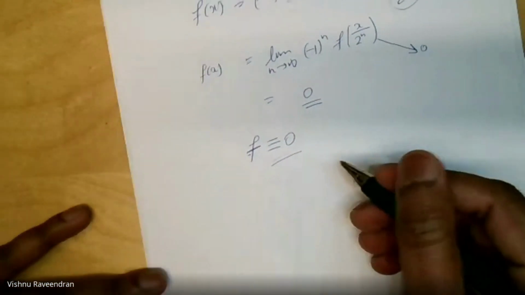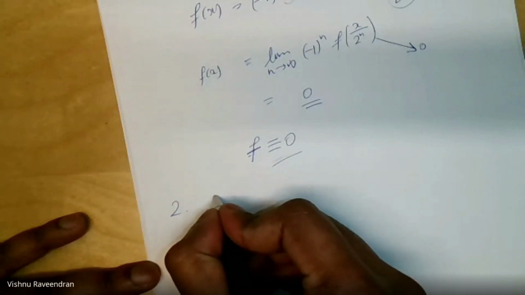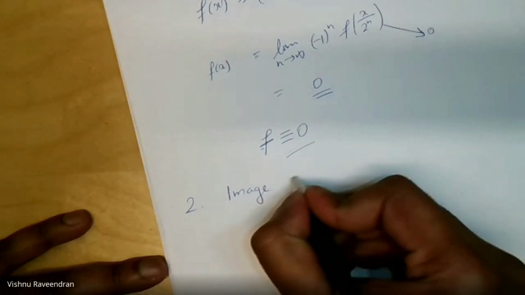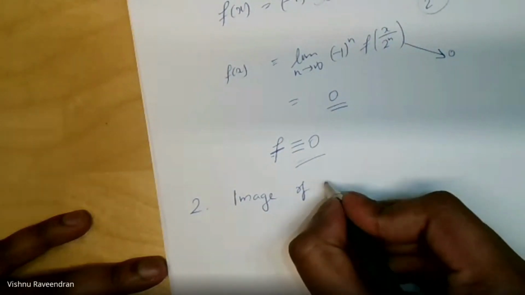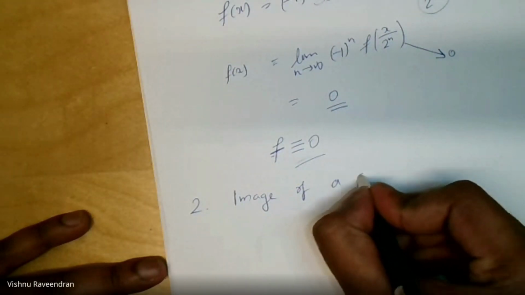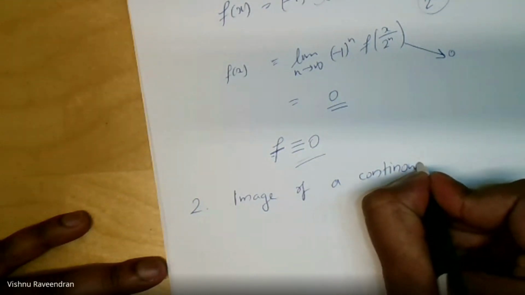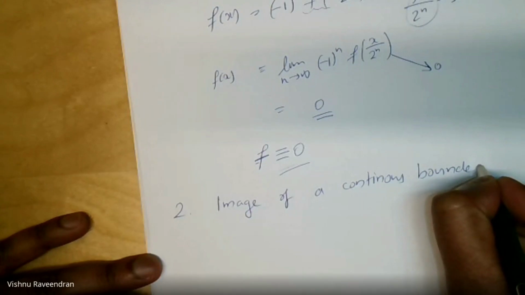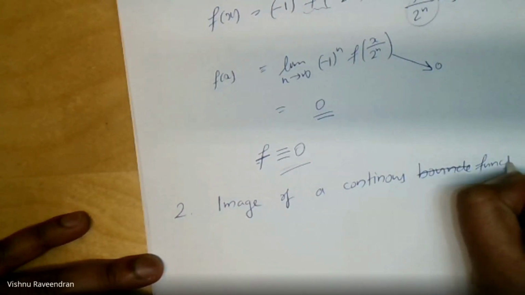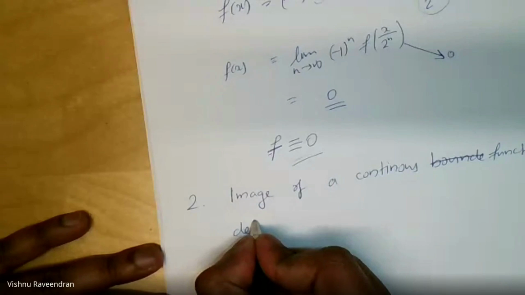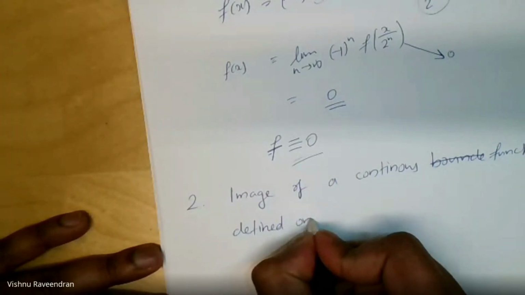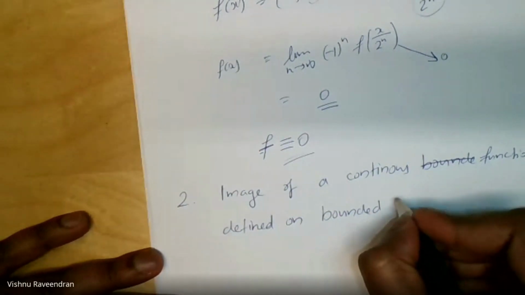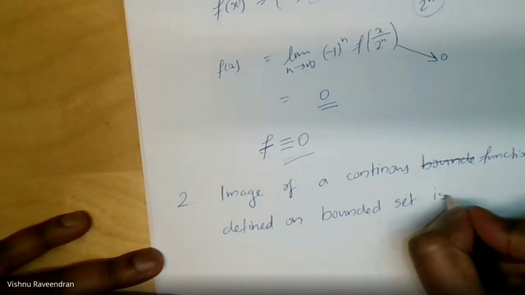Okay, then this is a very simple problem. State true or false: the image of a continuous function defined on a bounded set is bounded.